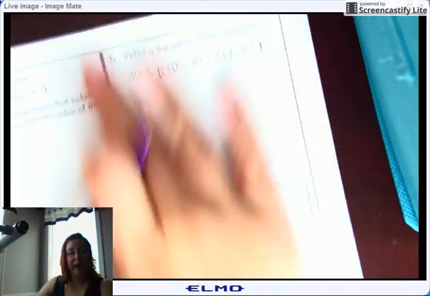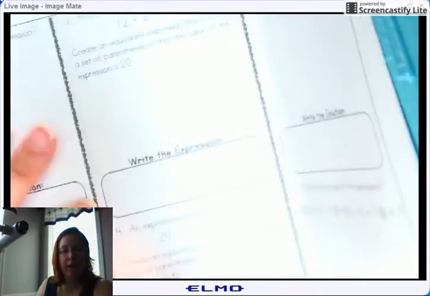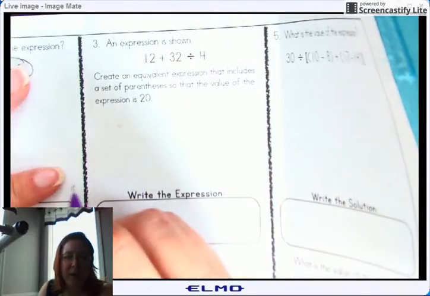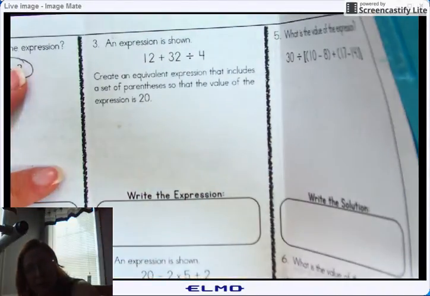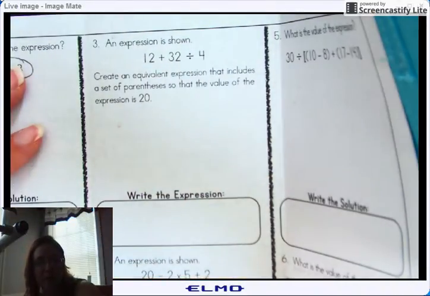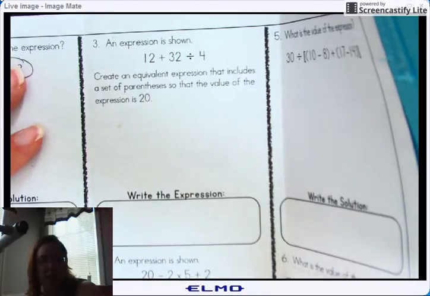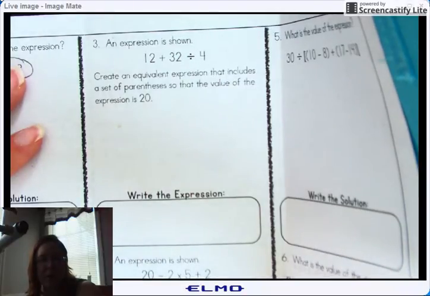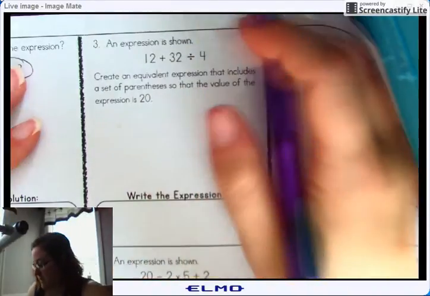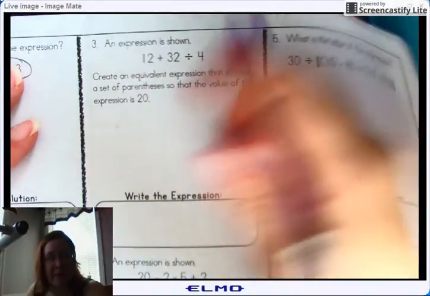Open up to my middle flap. Question 3, show the expression above. Create an equivalent expression that includes the set of parentheses. So the value of the expression is 20. So basically what it wants us to do is it wants us to put the parentheses in first.